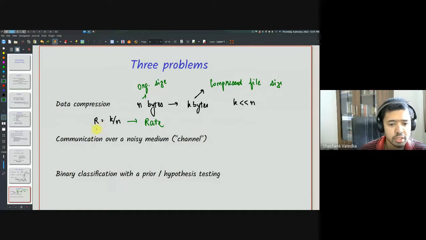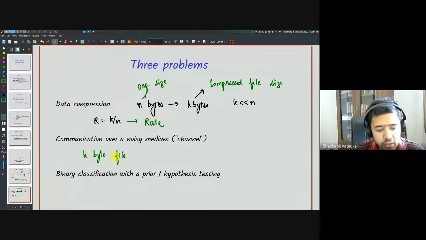So let's assume that I have a k byte file. Okay. Let's say I have a k byte audio file. And I want to transmit it across a noisy medium. Let's look at cellular communication. So I have a cell phone.